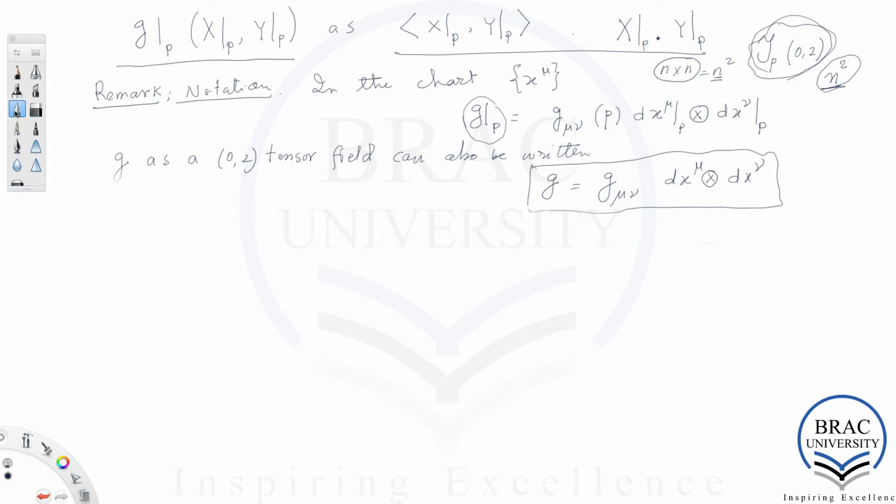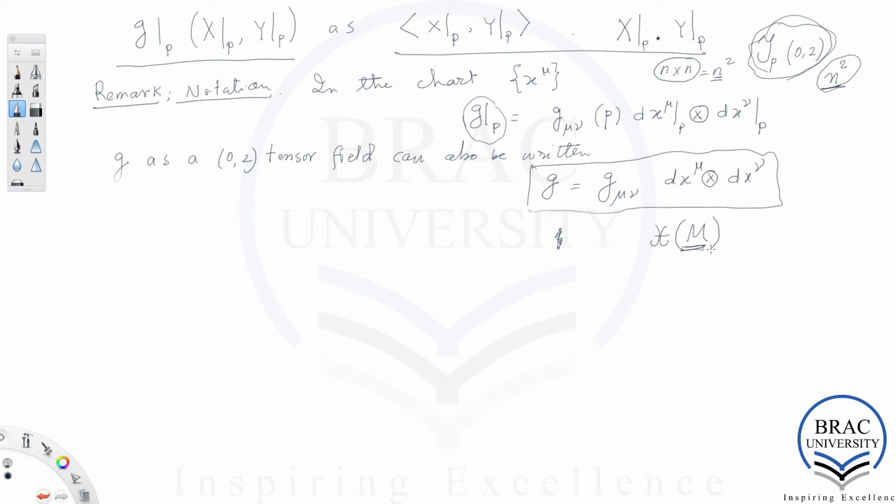Now, remember, whenever we have a manifold M, if we take the local vector fields on this manifold, we write the space of vector fields on this manifold with this notation.